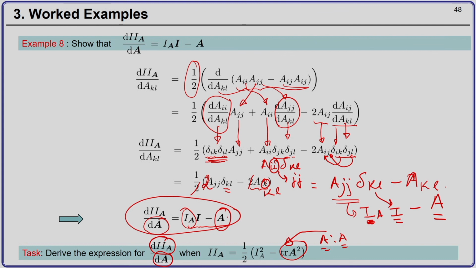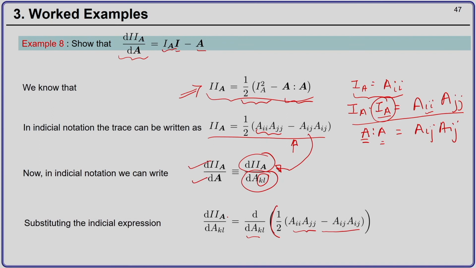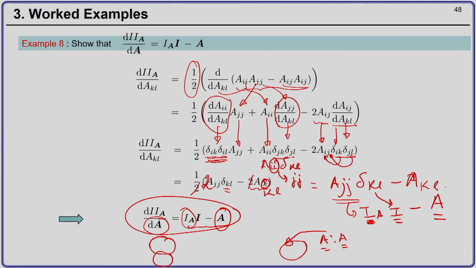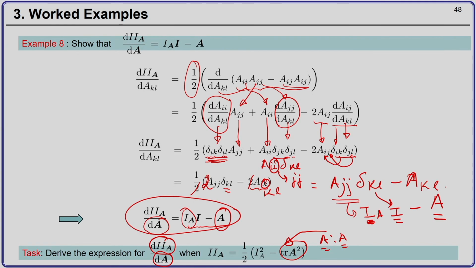Remember, for this case your second invariant has to be defined in this way. Instead of that expression for the second invariant, if it is defined in this particular manner, then the final relation will be different. You will notice that you will get I1 of A times I minus A transpose.